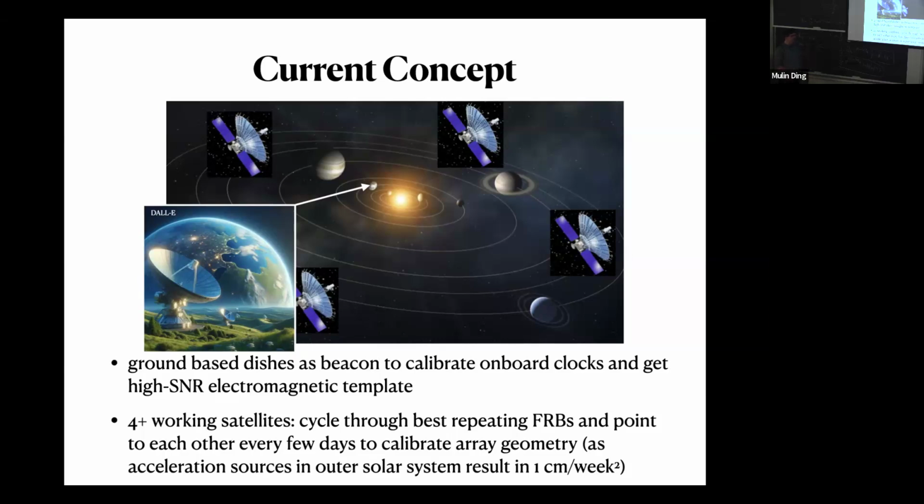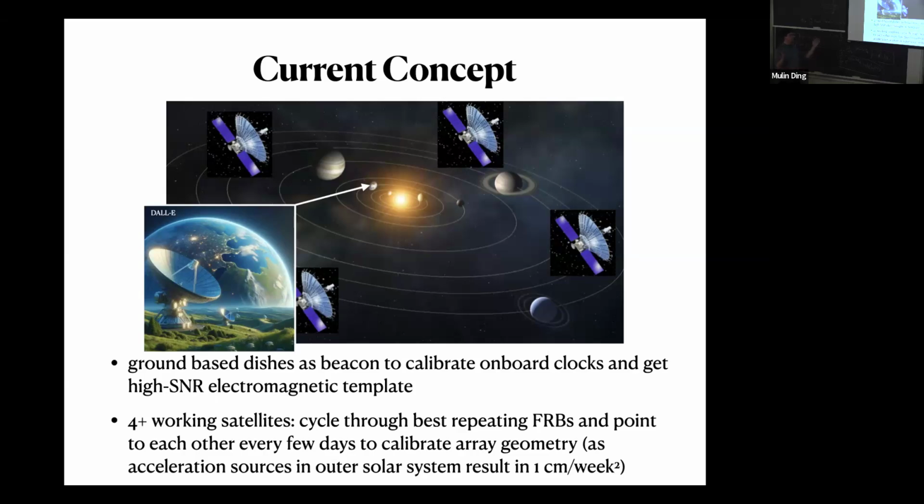Amazingly, when we calculated all of these acceleration sources, they're all about a centimeter per week squared. So if we want to calibrate the positions of our satellites on the centimeter scale, you need to measure the distances every week or so to constrain your geometry.